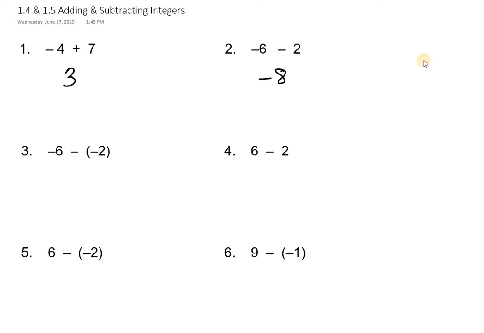Problem 3, let's say that I have a test. Let's see if I can draw a picture here of a test. And I have problem 1 that I've missed 2 points on, problem 2 I've missed 2 points, and problem 3 I've missed 2 points. So I have a total of -6 points on my test, right? I've missed 6 points on the test.